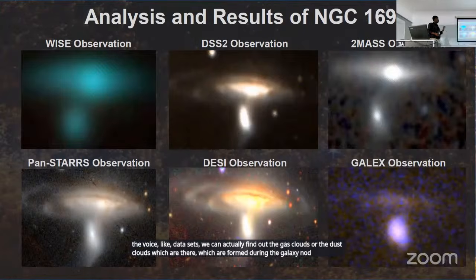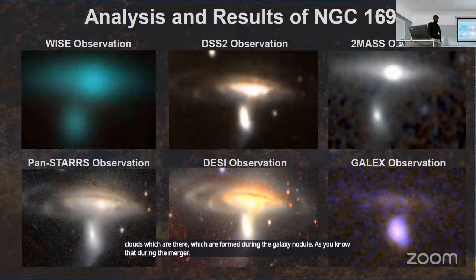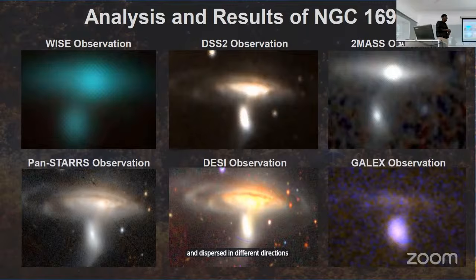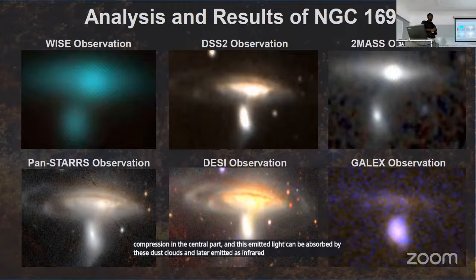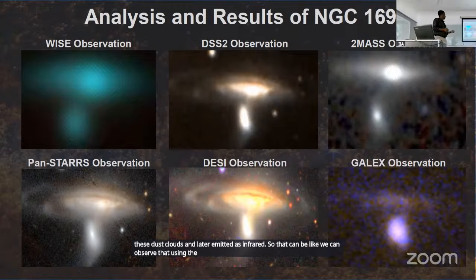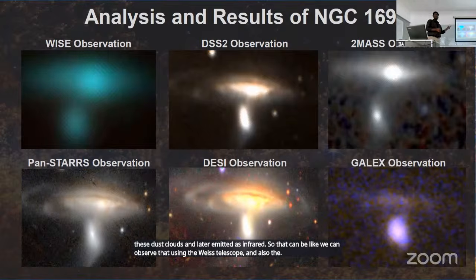During mergers, a huge amount of dust clouds can be dispersed in different directions, and there is gas compression in the central part. The emitted light can be absorbed by these dust clouds and later emitted as infrared. We can observe that using the WISE telescope and also the MUSE telescope.